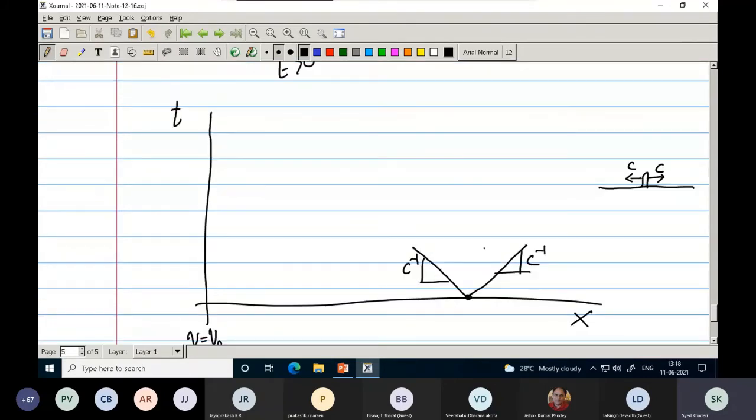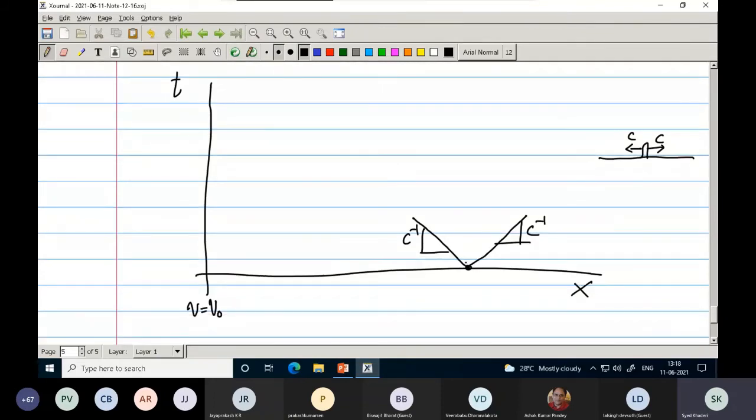Along these lines in the advection problem, the temperature was constant. Now the question is, what is constant along these two lines?